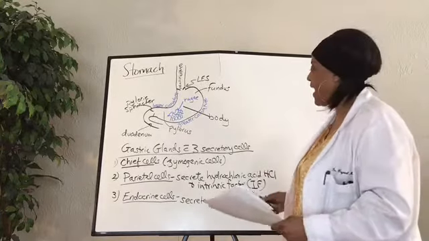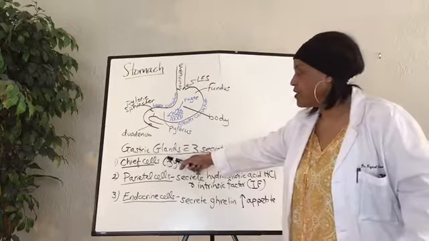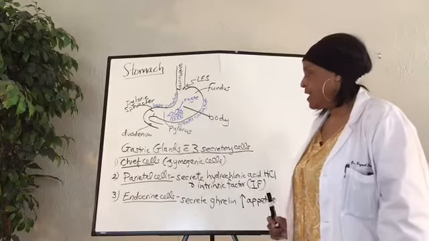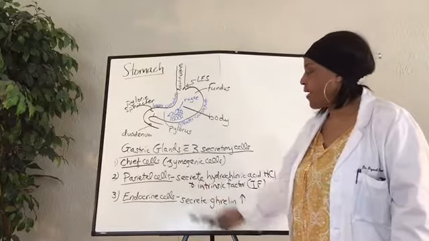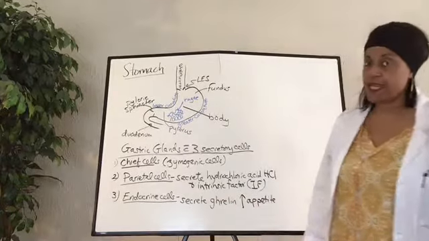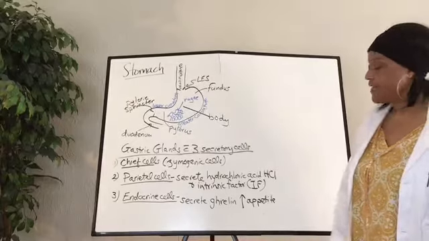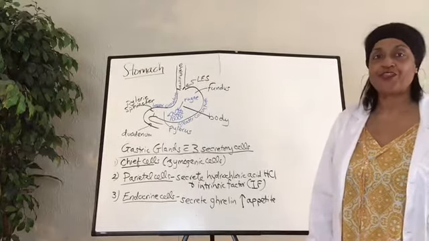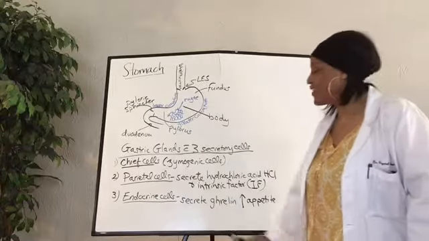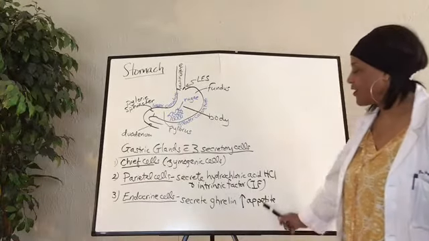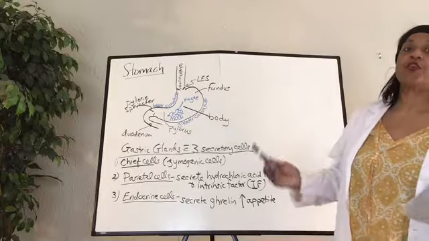So we know the chief cells secrete enzymes, these zymogenic cells. The parietal cells secrete the hydrochloric acid and this funny thing called IF, or intrinsic factor, and then the endocrine cells secrete this hormone ghrelin to increase the appetite.